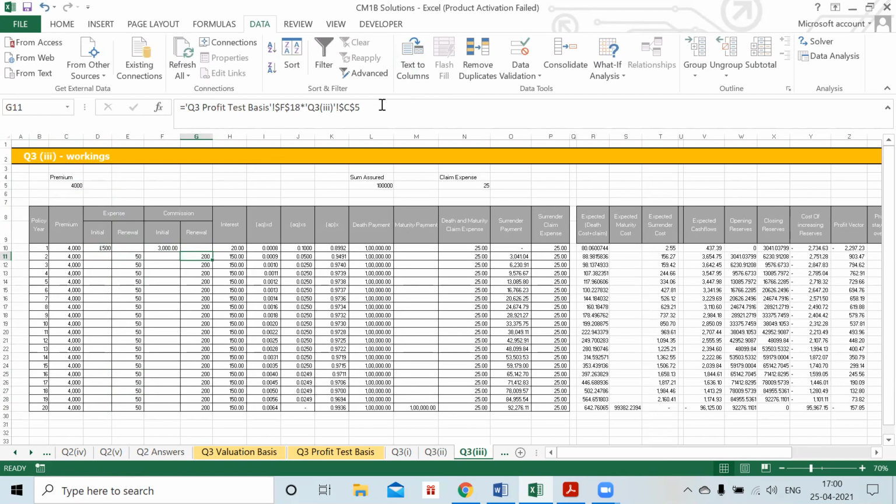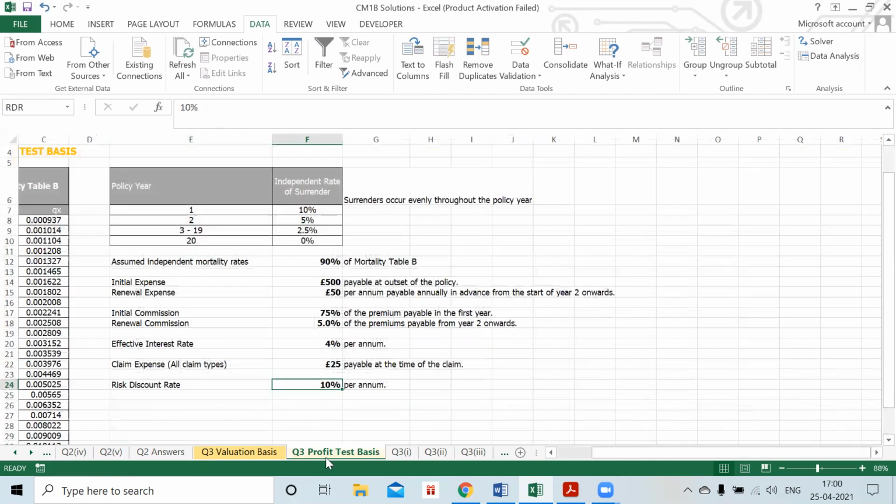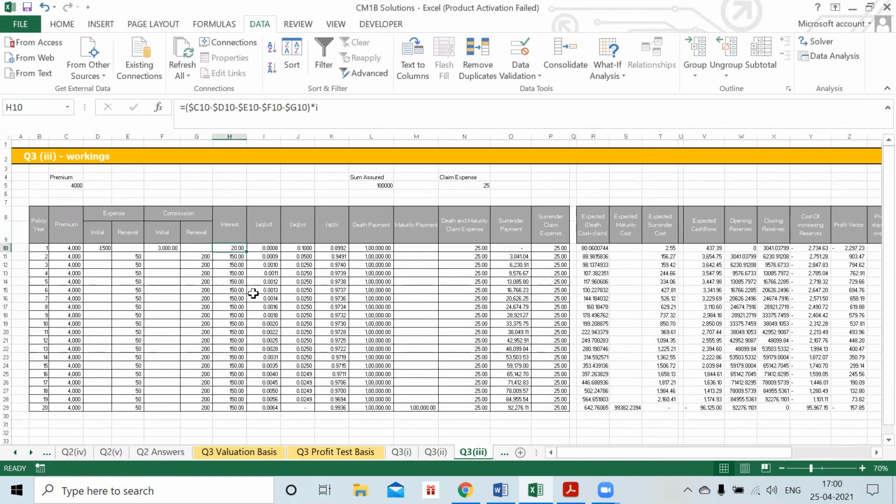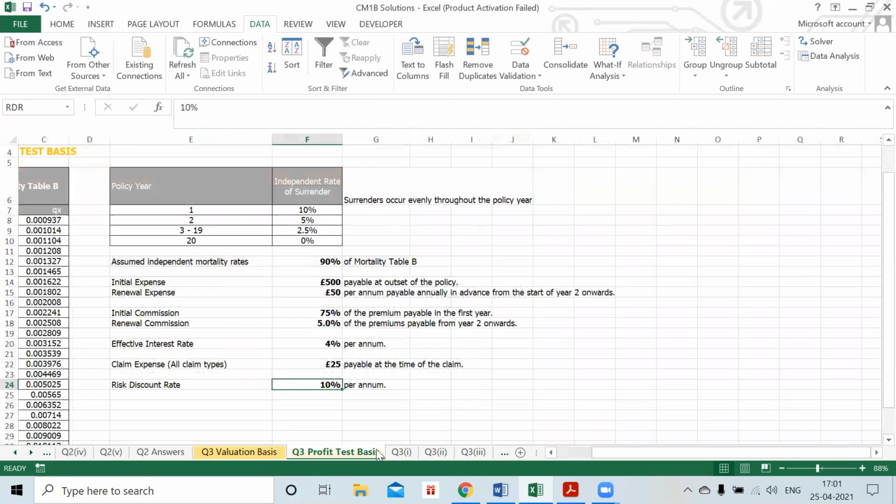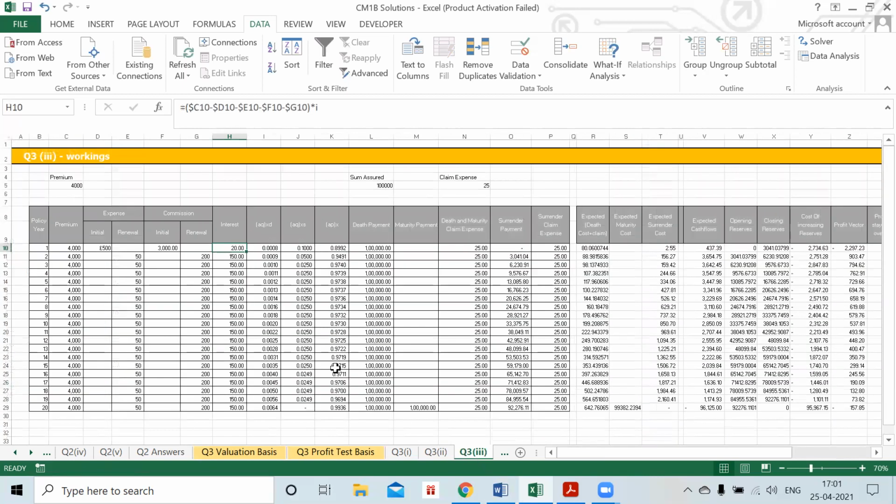Renewal commission is again, I think I remember, 5% of the premiums. Then interest is premium minus expenses into i, which is 4%. Yes, effective interest rate is 4%.